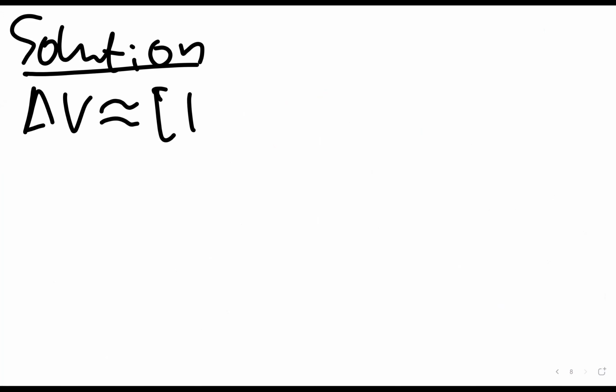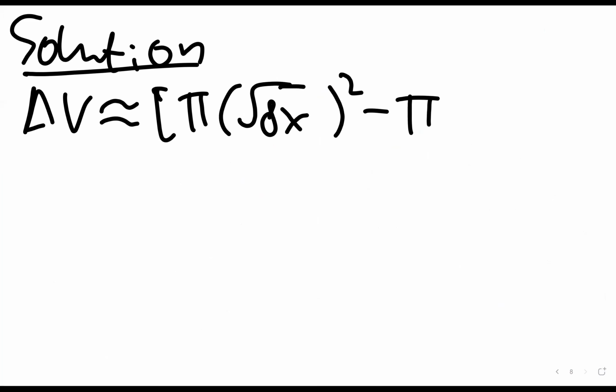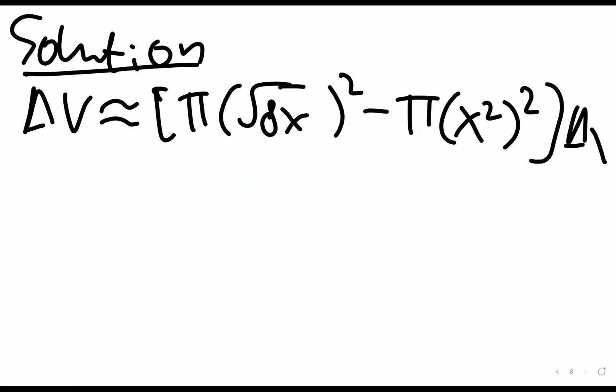Of course, sketching the graph is a part of the solution. So first I will have delta V is approximately pi square root of 8x squared minus pi x squared delta x.